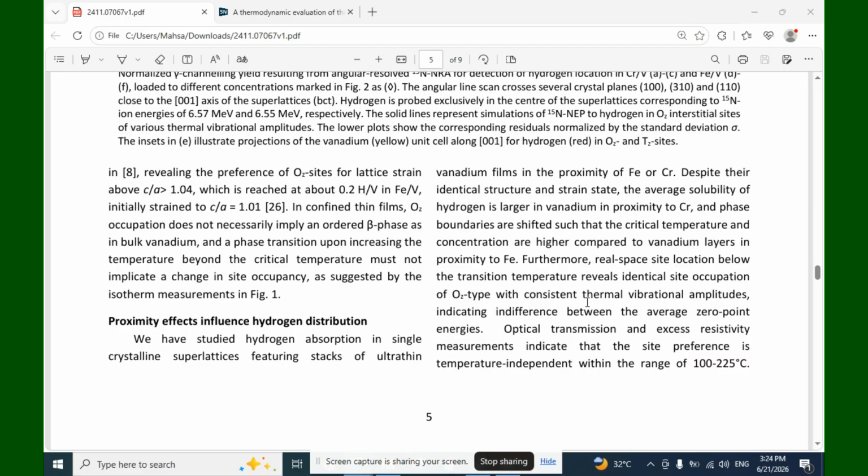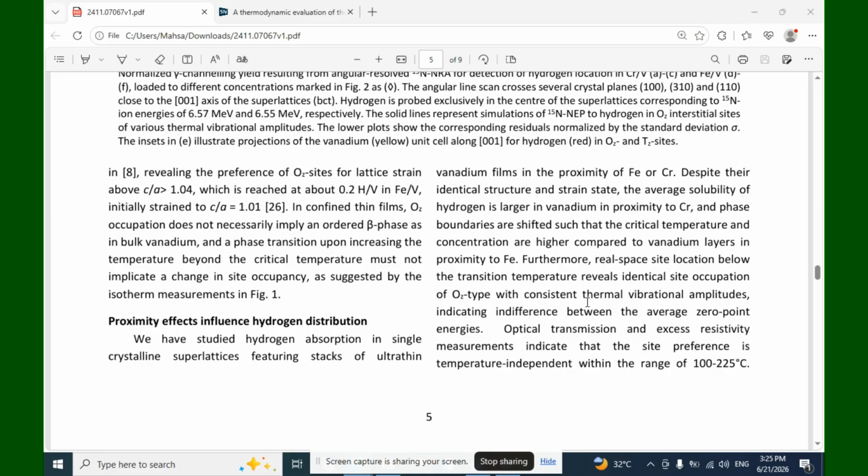Despite their identical structure and strain state, the average solubility of hydrogen is larger in vanadium in proximity to chromium, and phase boundaries are shifted such that the critical temperature and concentration are higher compared to vanadium layers in proximity to iron. Furthermore, real space site location below the transition temperature reveals identical site occupation of the oxygen type with consistent thermal vibrational amplitude, indicating no difference between the average zero-point energies.